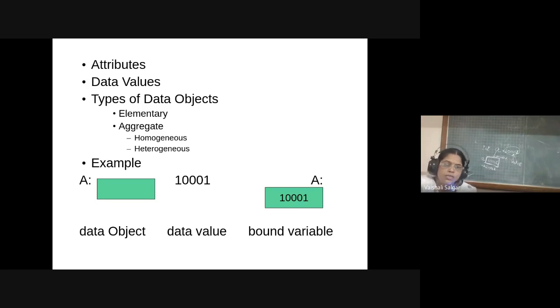So the first part indicated is the data object, then the value I assign to a will be the value. And when this statement a is equal to 20 runs, it means the value 20 is bound with variable a, or a is bound with the value 20 in this example.